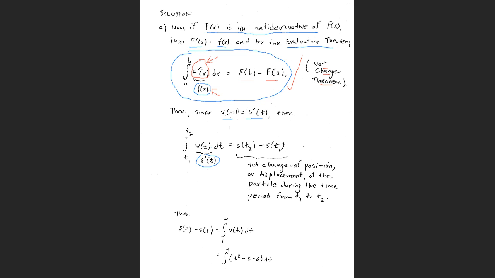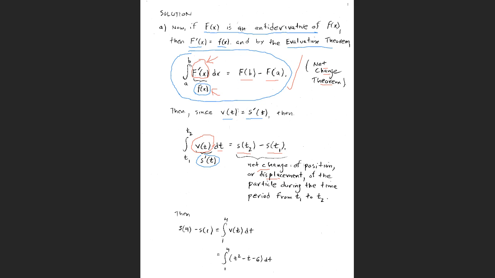We know that from what we learned earlier. So that means the integral from time t1 to time t2 of the velocity with respect to time t is simply the difference of the position of the particle at time t2 minus the position of the particle at time t1. This is called the net change of position, or displacement.